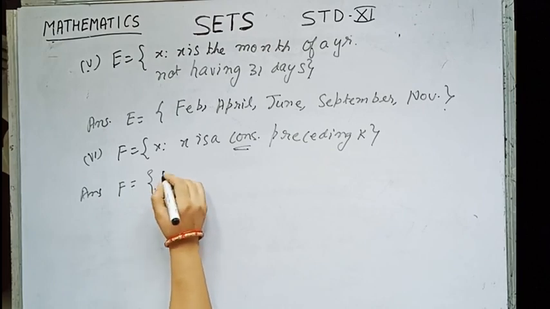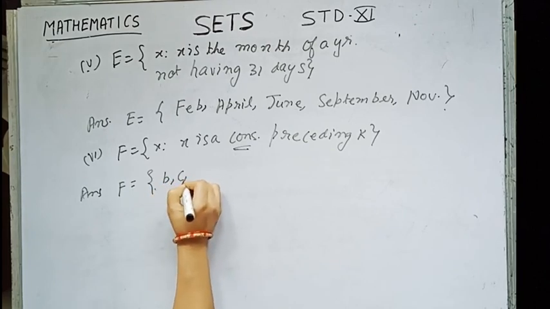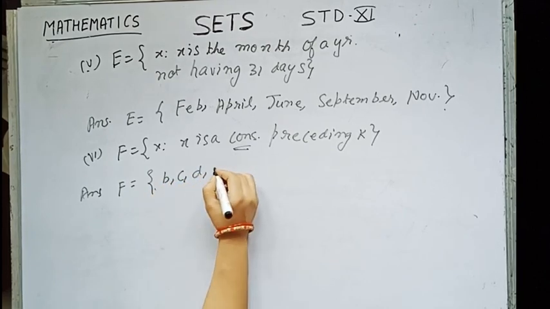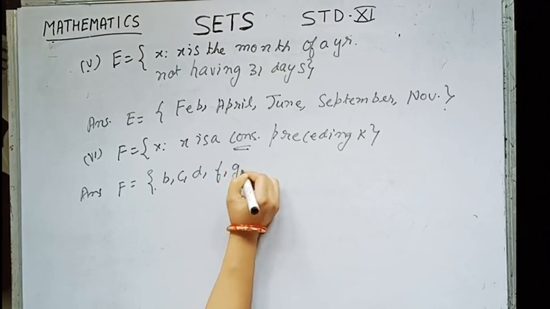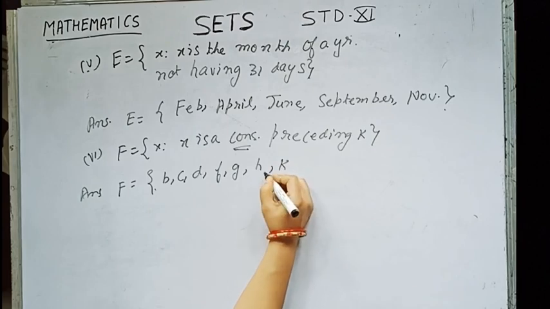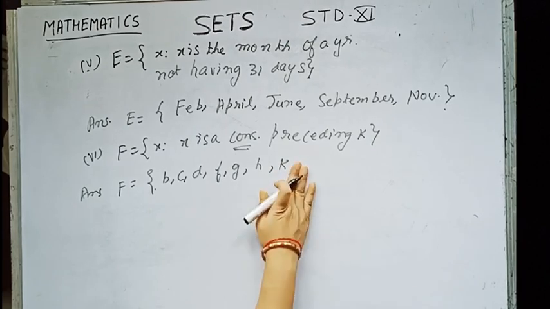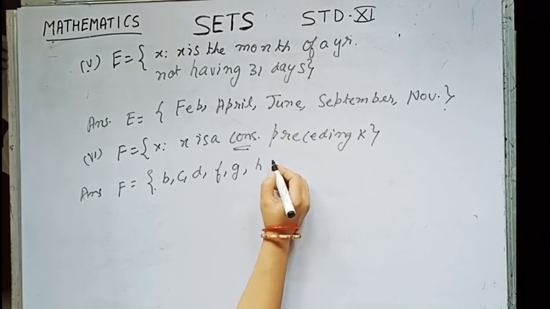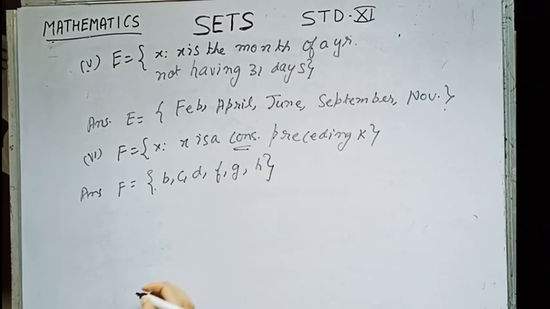A is a vowel, so we will be writing B, C, D. E is a vowel, F, G, H. I is a vowel. K, no, K we don't have to write because we have to write preceding K. So this much is the answer.